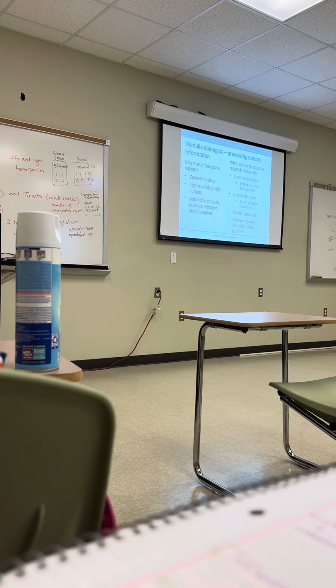Another function. So we have controlling blood pressure and breathing. We have learning skills of movement with the olivary nucleus. And now we have processing sensory information. We already looked at this, right? Remember the posterior column, information about touch, vibration. Remember that?